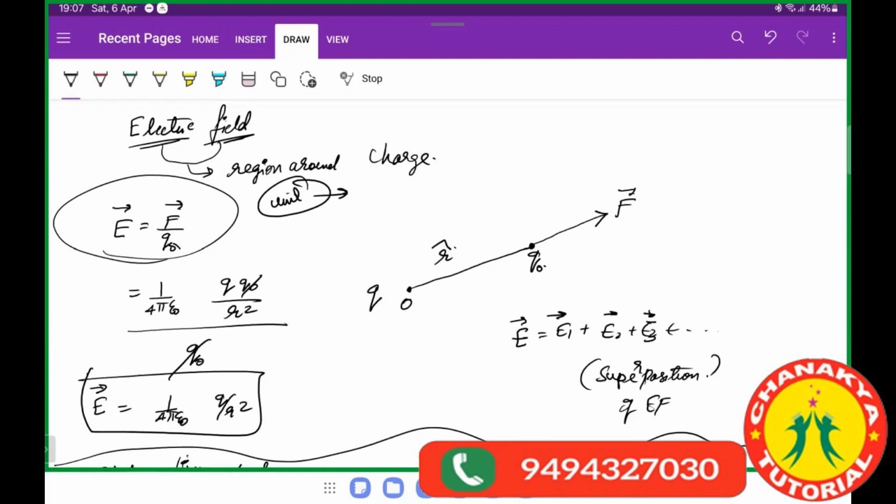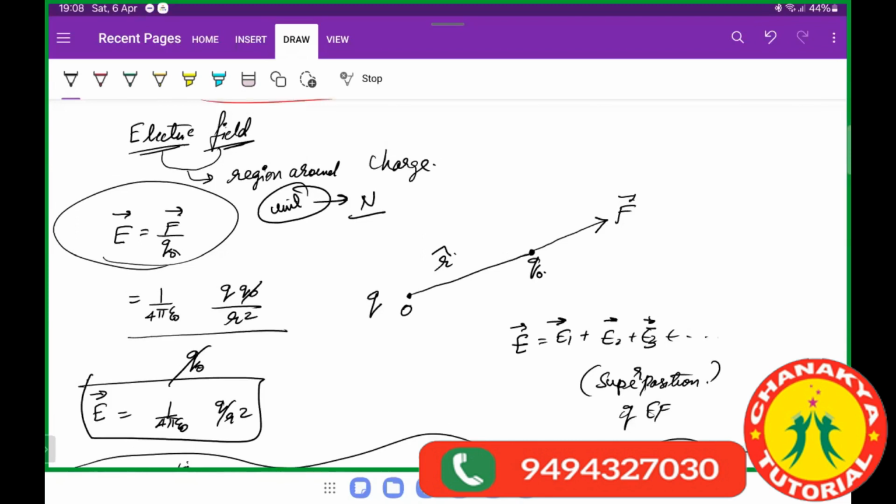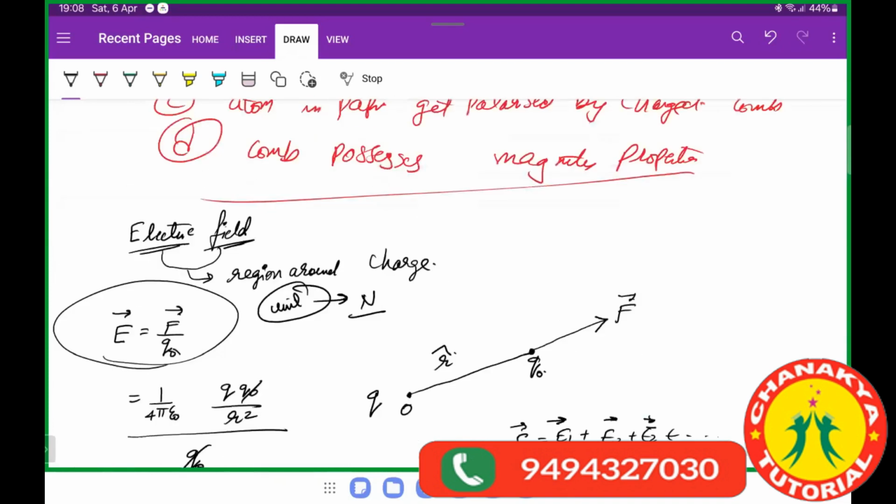So what is the unit of F? Newton. Exactly. So Newton per what? SI unit of Q naught, the SI unit of charge?